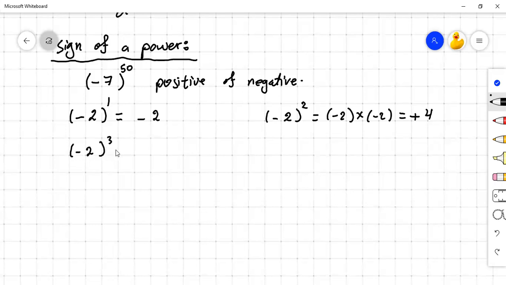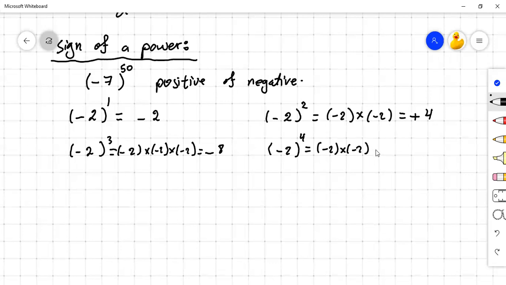Minus 2 exponent 3 is minus 2 times minus 2 times minus 2, which is minus times minus plus, times minus minus, and 2 times 2 times 2 is 8. And minus 2 exponent 4 is minus 2 four times, which is minus times minus plus, times minus minus, times minus plus. So the sign is plus, and 2 multiplied 4 times is 16.